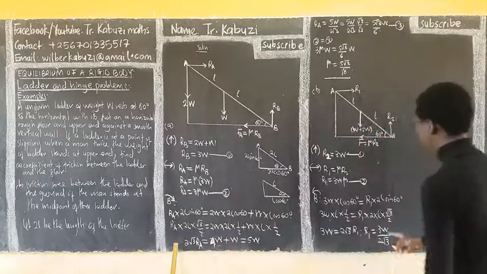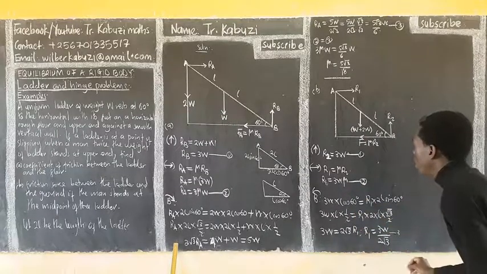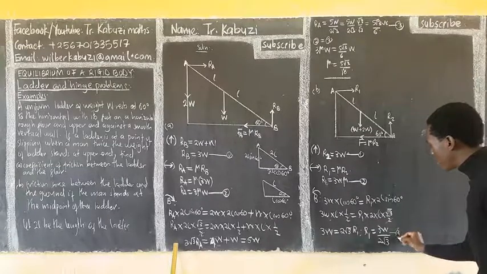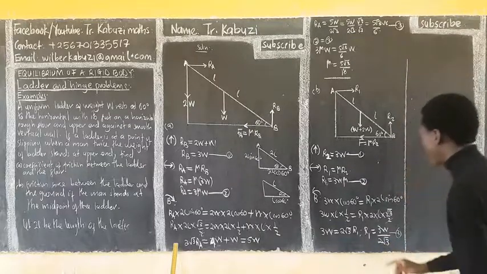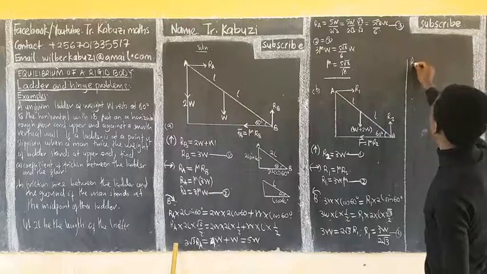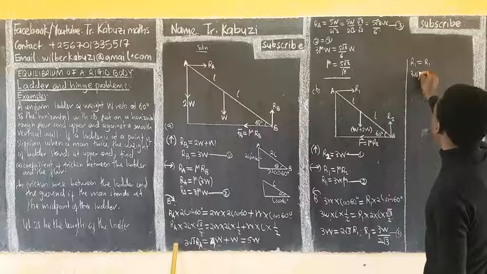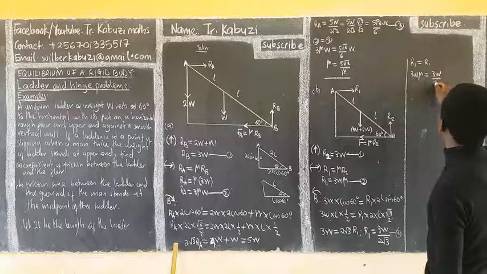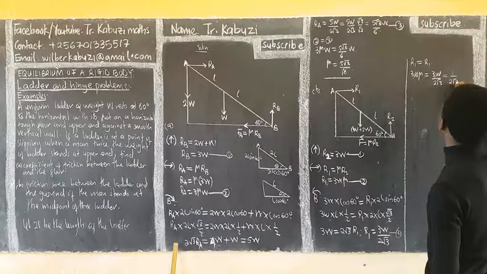Now I call this equation 3 in this new diagram. So now my R1 is going to be equal to R1. Meaning my 3W mu is going to be equal to 3W over 2 root 3. These two we are going to cancel, which will be 1 over 2 root 3.